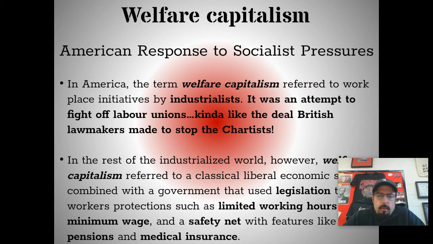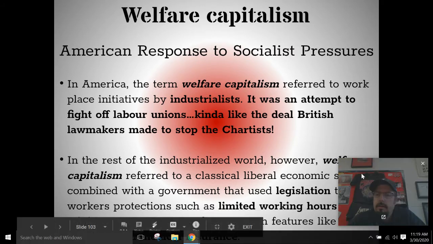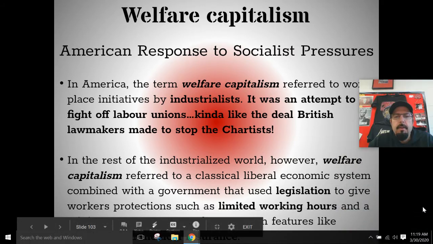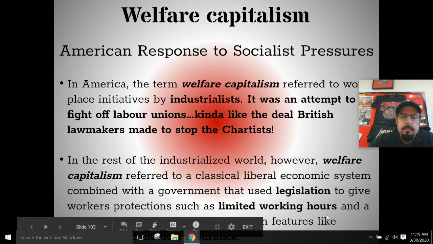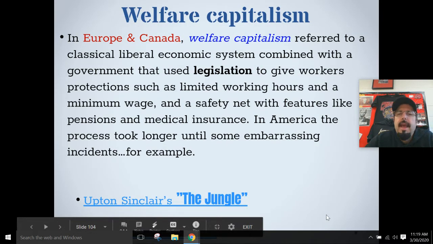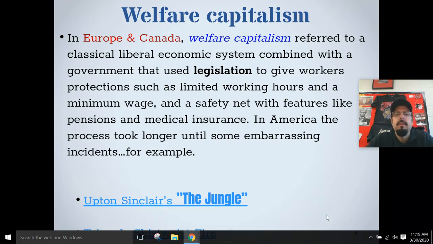In the rest of the industrial world, however, welfare capitalism referred to the classical liberal economic system combined with government legislation to give worker protections such as limited working hours, minimum wage, and safety net. In Europe and Canada, welfare capitalism referred to the classical liberal economic system combined with a government that used legislation to give workers protections. And I'm repeating myself here, but welfare capitalism was about protecting the rights of workers so that they wouldn't be completely exploited by the factory owners.